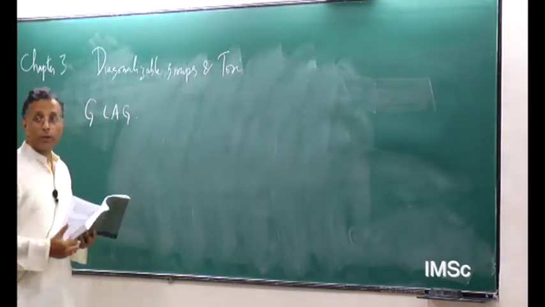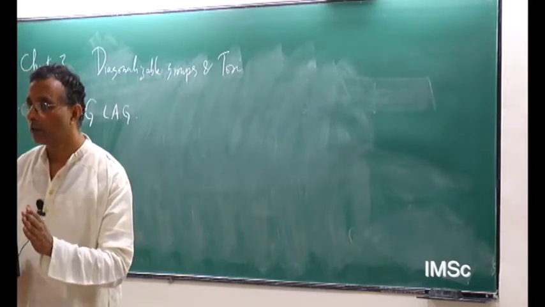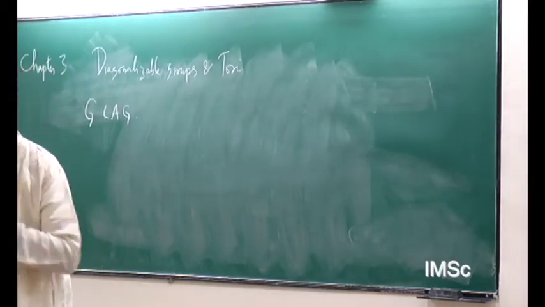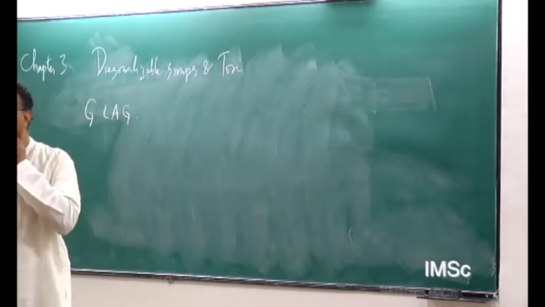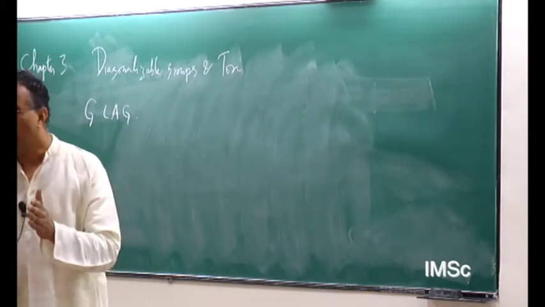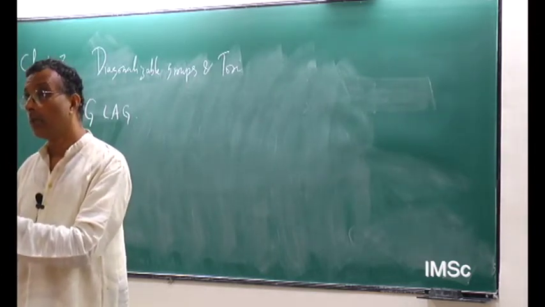We'll consider homomorphisms from G to Gm. Now Gm is a commutative group.